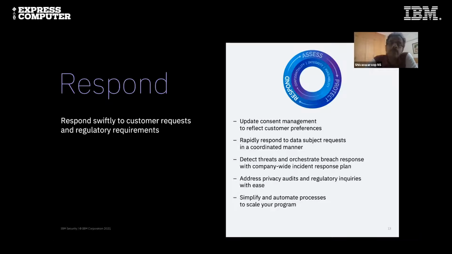And the first thing here is consent management. Consent management is a new addition to the entire privacy program, where if I'm a consumer of a service provider, I have the flexibility and the ability to tell the service provider not to use my data, and not to share my data with anyone. I can also have the option to tell them to forget my data. Let's say I decide not to continue with the service provider anymore.